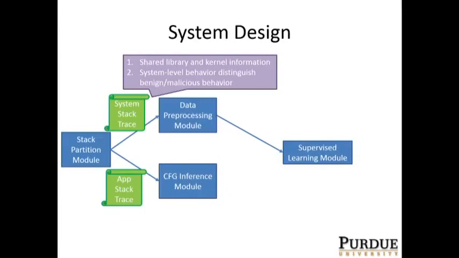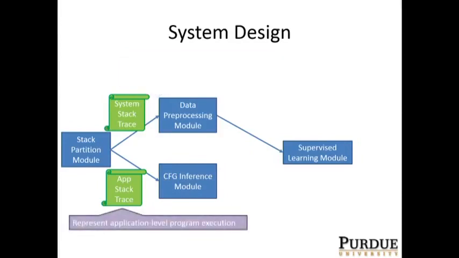We use such system-level behavior as our training and testing data to distinguish benign and malicious behavior. The application stack trace is the stack trace within the application layer. The application-level program execution information is embedded inside the application stack trace.